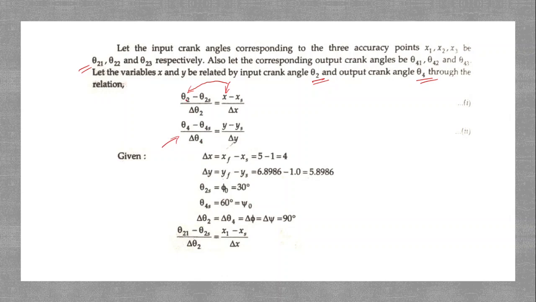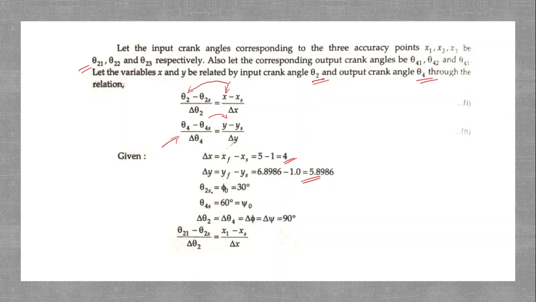Similarly, when we use the subscript 4, we can equate that equation to the values of y. Then delta x is equal to xf minus xs. We can easily calculate that value. Yf is equal to 6.8986 and delta y is equal to this one.